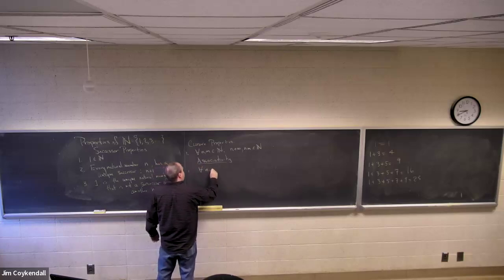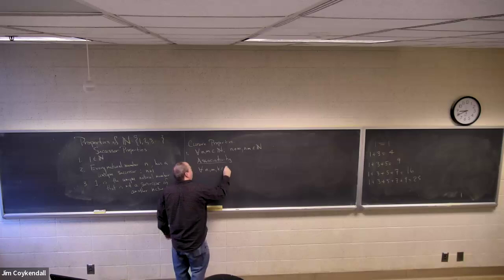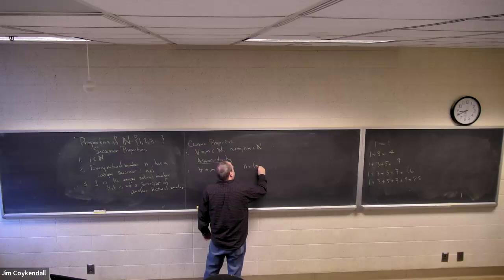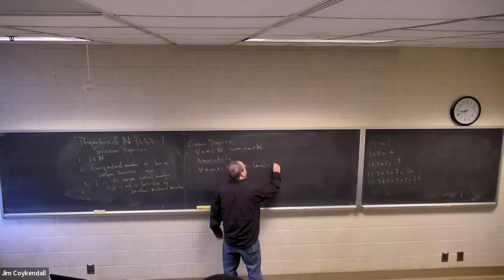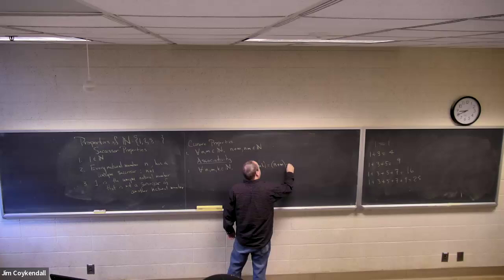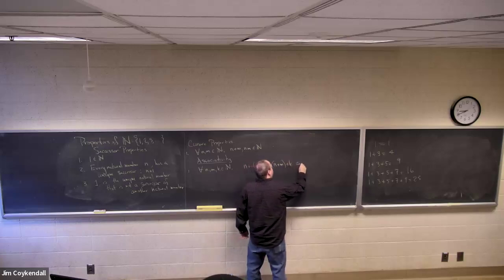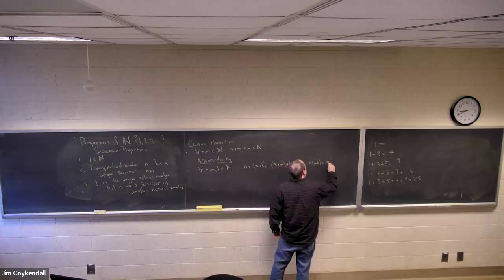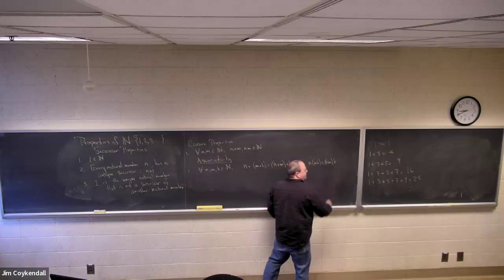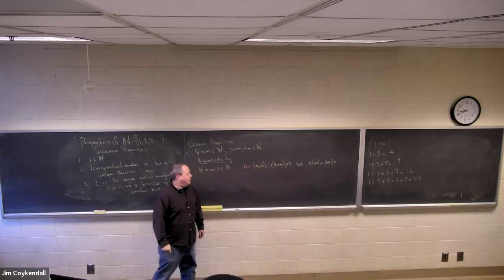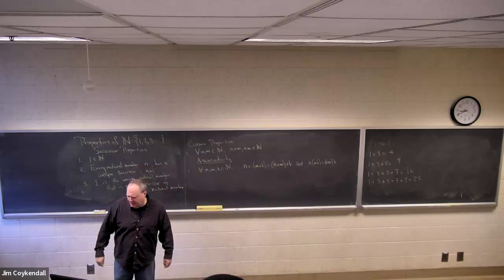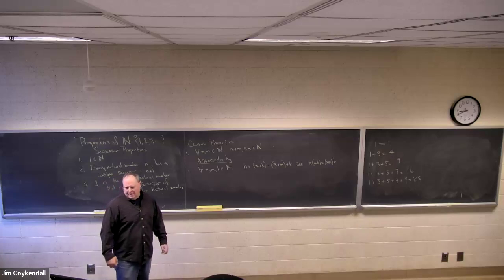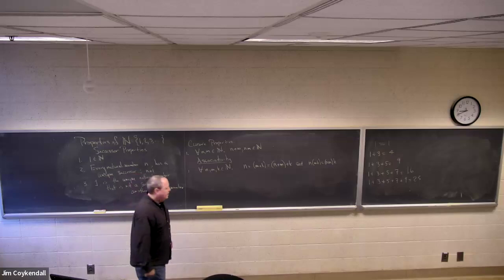For all n, m, k in the natural numbers, (n plus m) plus k is equal to n plus (m plus k), and (n times m) times k equals n times (m times k). These are things you are probably familiar with. You've certainly used them before in ordinary computations.